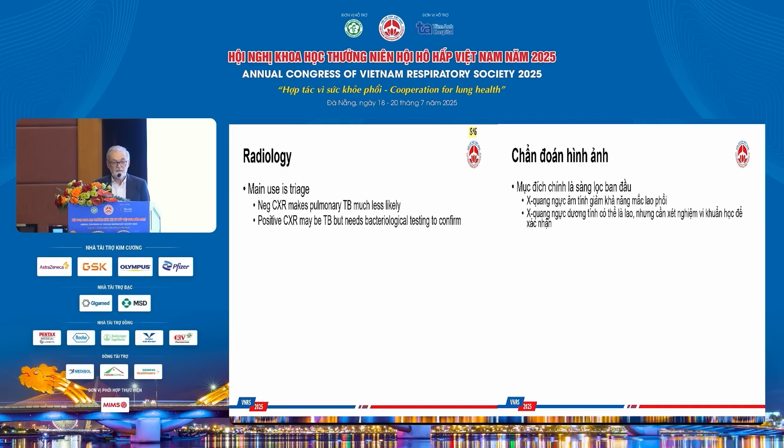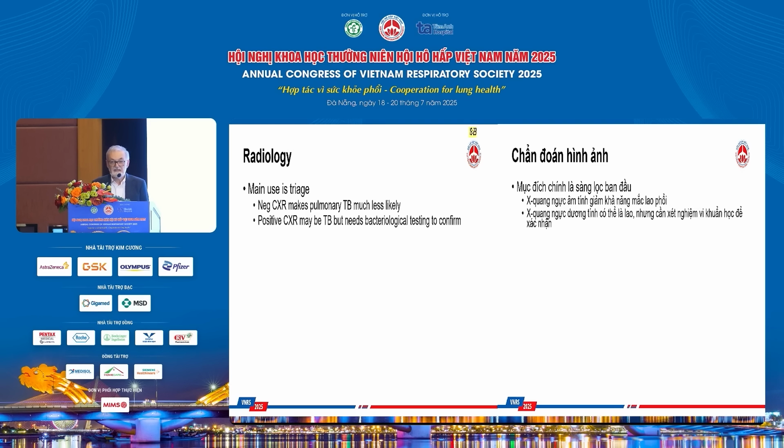In fact, most people who have symptoms and an abnormal chest X-ray do not have active TB as the cause for their symptoms. That's important to recognize. Most people with symptoms and an abnormal chest X-ray do not have TB as the cause for their symptoms.